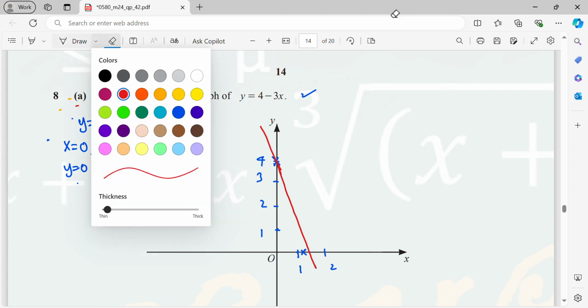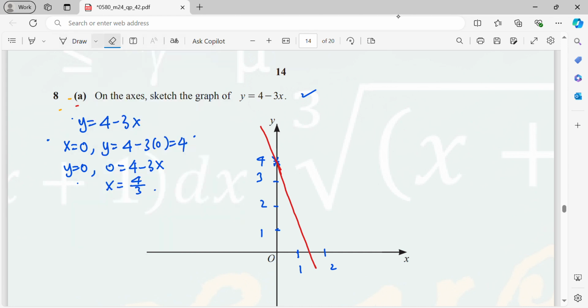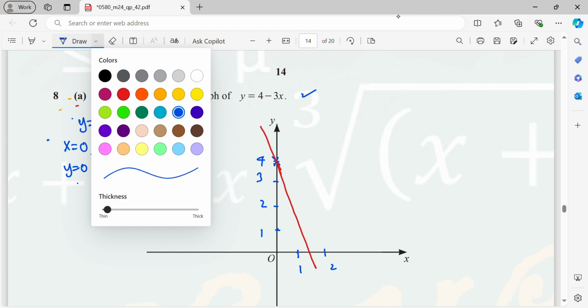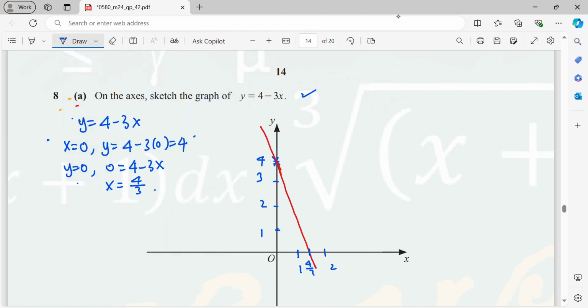Then I adjust here. This is 4 over 3. Right, so done for this sketching.